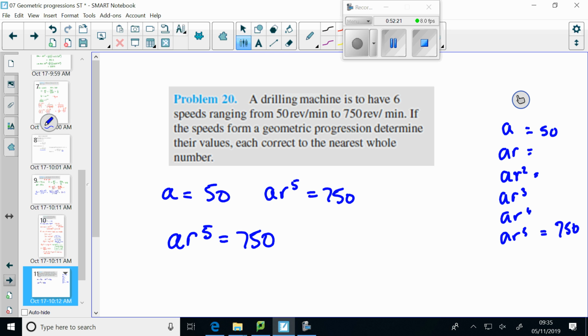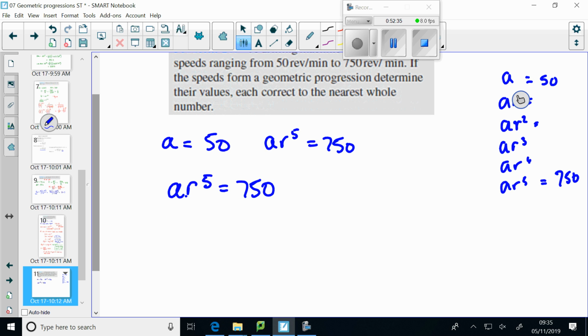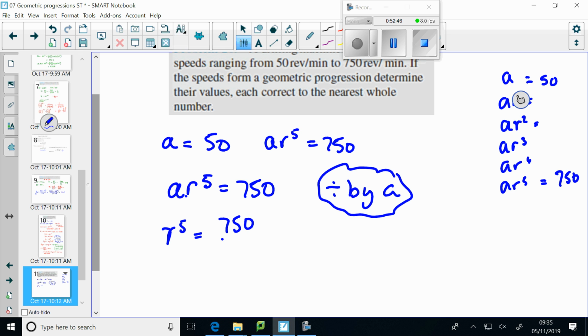We want R on its own. We know A. Now we've multiplied here, so how do we get A over that side? Okay. R to the 5 is 750 over A. How do we cancel the fifth power?